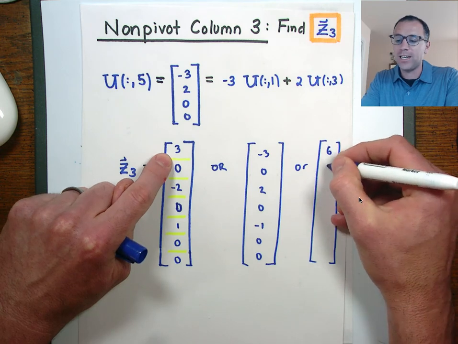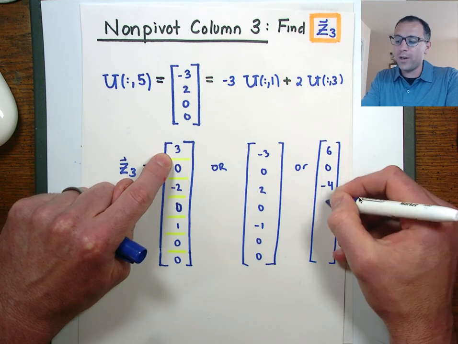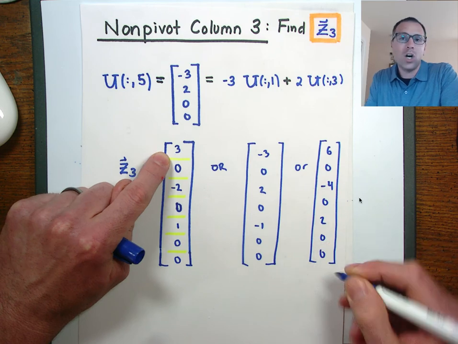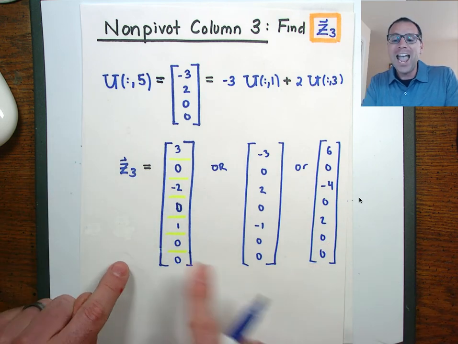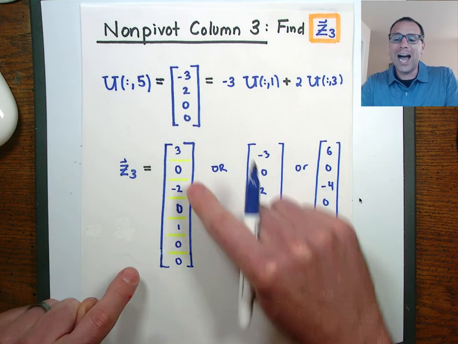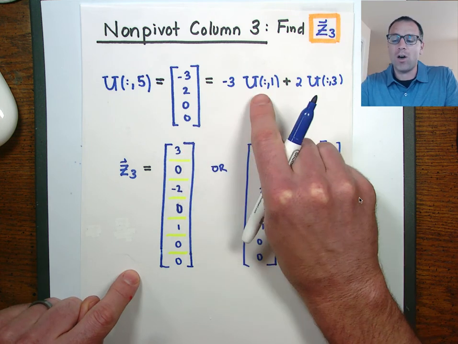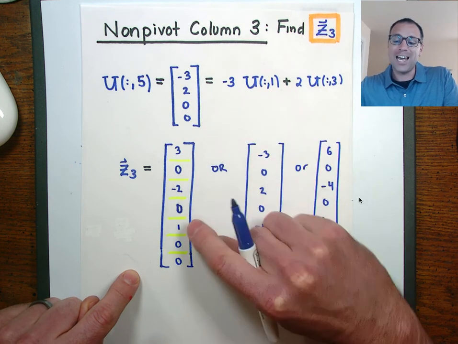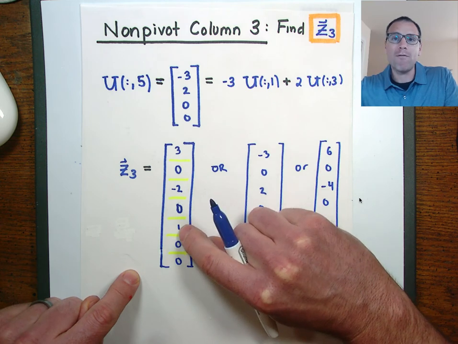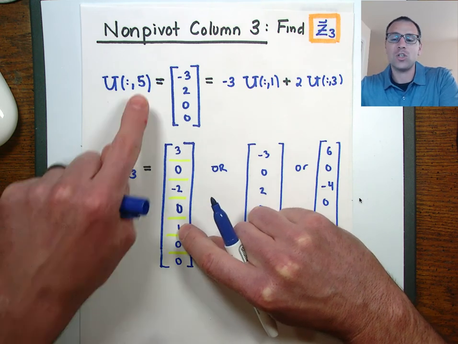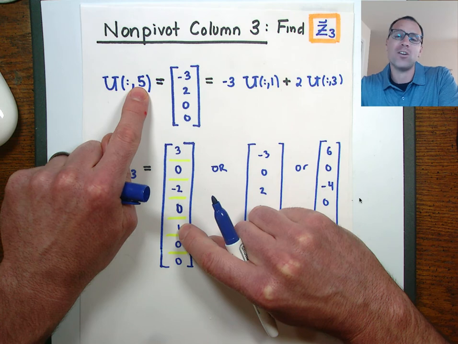This could be 6, 0, -4, 0, 2, 0, 0. Go ahead and check that in your calculator. Any scalar multiples of these will work. I tend to choose the one that is a unique linear combination of the pivot columns and places a positive 1 value in the index associated with that non-pivot column in the original matrix.